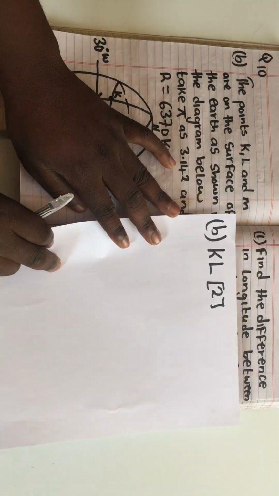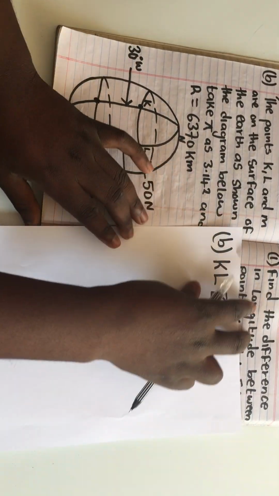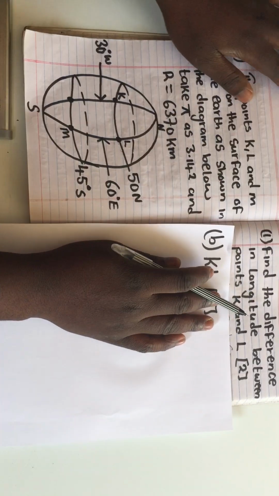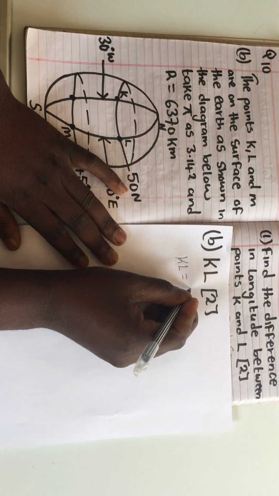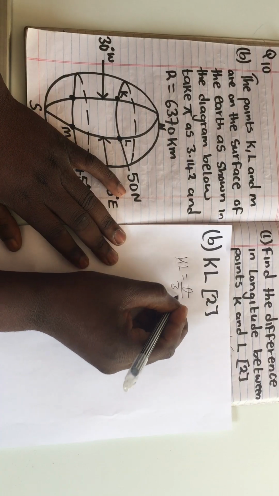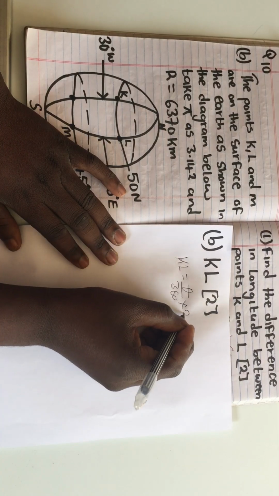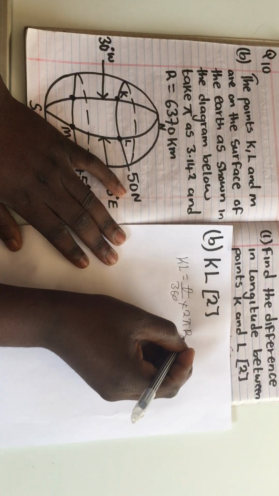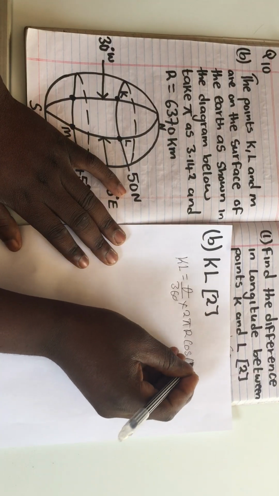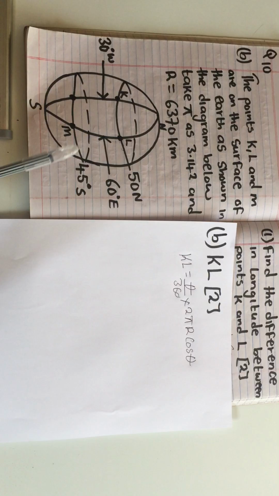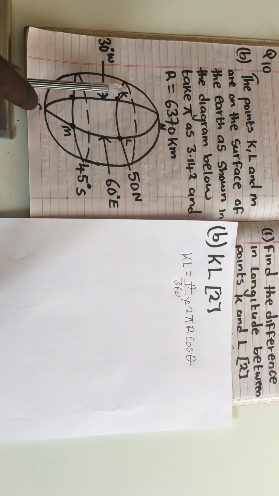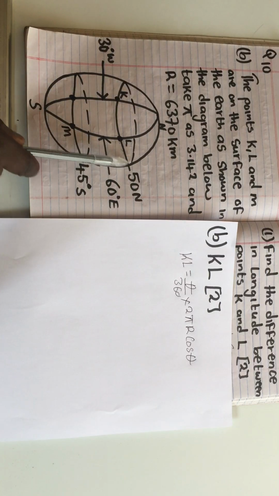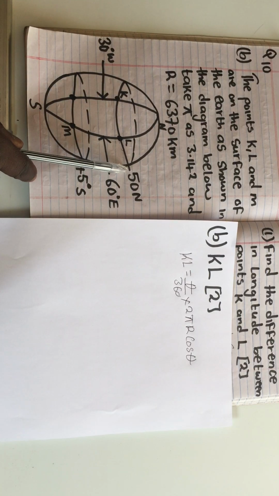So since they want KL, you say KL is equal to theta over 360 times 2 pi r cos theta. Why is it cos theta? Because this is distance along latitude.